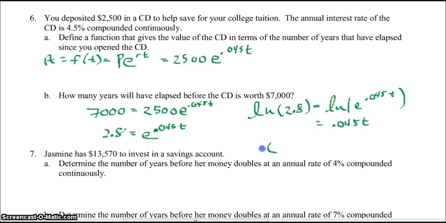Then we can divide, so our final answer is natural log of 2.8 divided by 0.045, which is about 22.88 years.